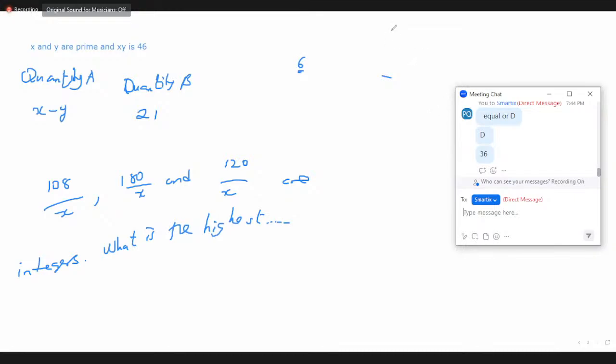Okay, 36, actually 36 can divide 120. All right, Stacy, now it's fast. Good. So the number. Anybody?